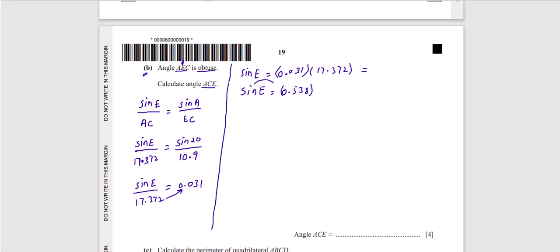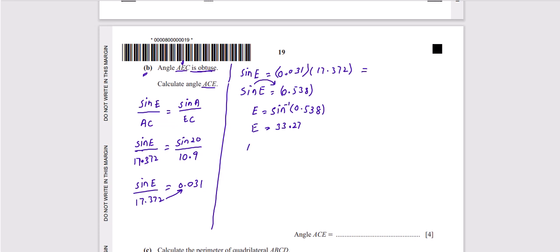So sine shifts to this side, it will be inverse. So E is equal to sine inverse of 0.538. So calculate this value, we get 33.27. So AEC is an obtuse angle.